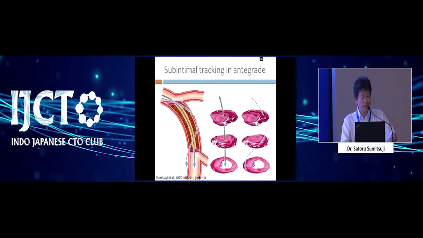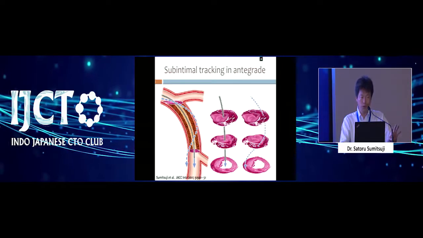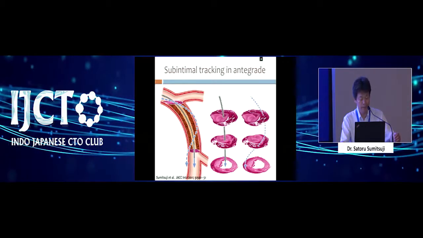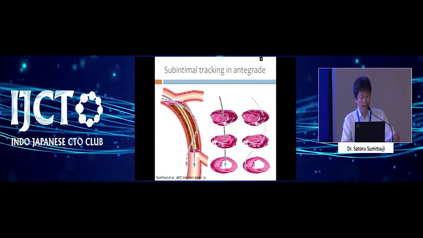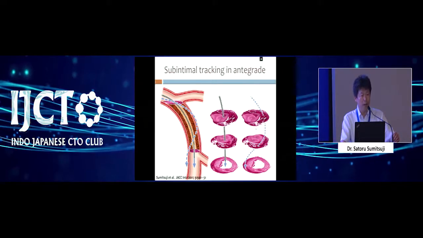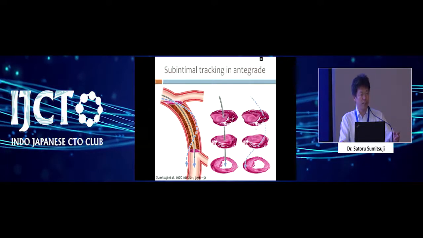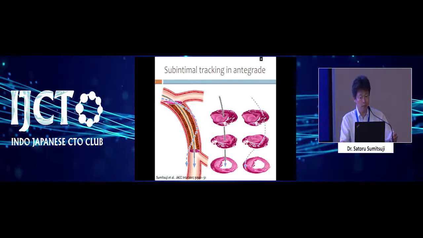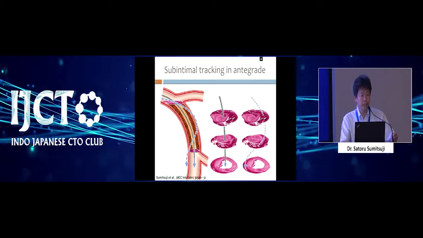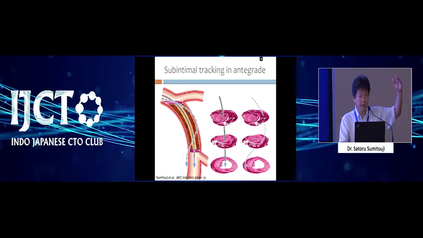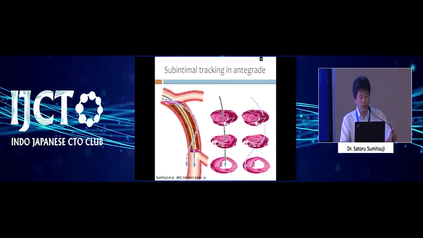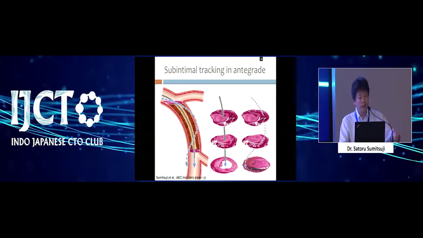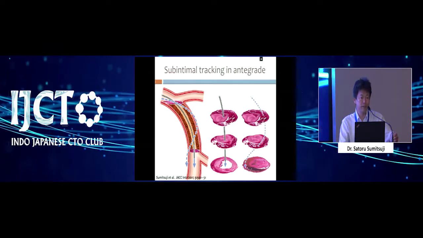So once the wire comes into the false lumen, the subintimal space between the media and the adventitia, the wire makes the dissection bigger and bigger, and then the blood flow comes. Sometimes the worst scenario is the operator doing a dye injection. That makes the pressure inside the subintima increase dramatically, and finally collapses the distal lumen. This is almost all the failure mechanism of antegrade wiring.